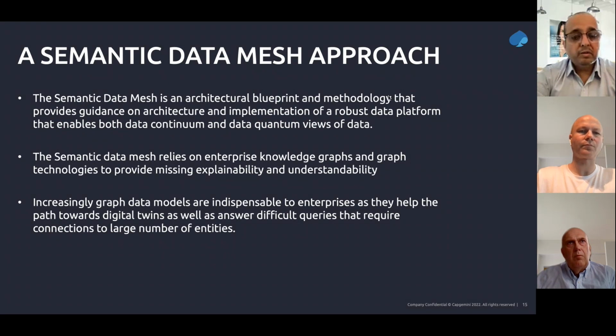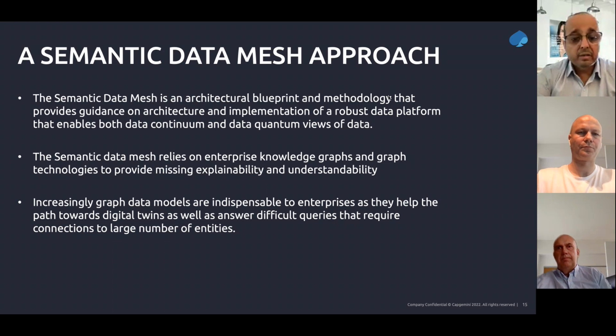So based on all these considerations, what we have been building is an architectural blueprint, which we informally term a semantic data mesh, because it combines thinking both from a knowledge graph perspective, but also influenced by the data mesh thinking. And it relies on enterprise knowledge graphs and graph technologies. So that is the key element in improving the explainability and understandability of data.